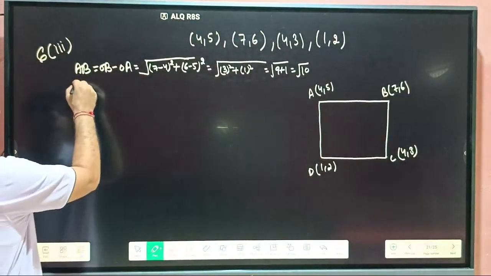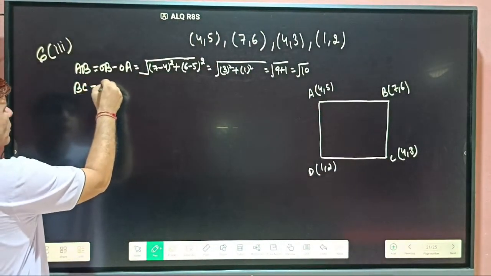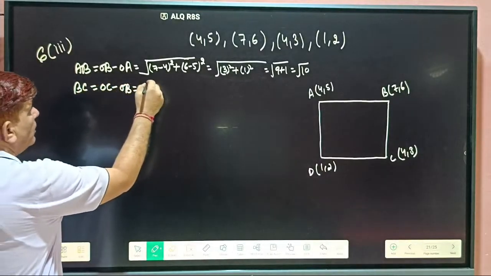Then we can find out BC equal to OC minus OB.